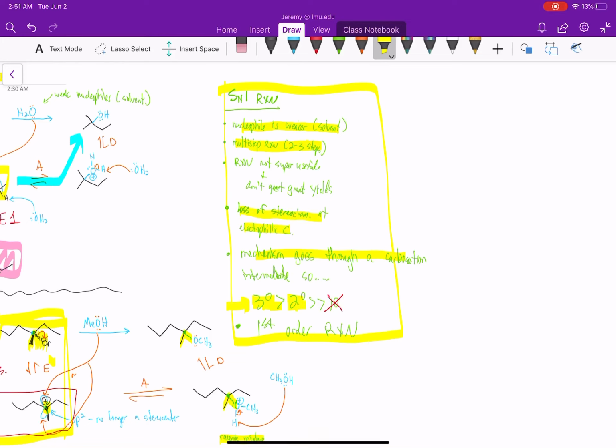So if you happen to have a stereocenter at the electrophilic carbon, that stereochemistry will be gone. This is a first order reaction. And kind of important here, because the reaction forms multiple products, it's not super useful. We like to talk and learn about the SN1 reaction to compare it with the SN2. But you'll see when I'm synthesizing more complex molecules, this isn't the best choice of a reaction to use.